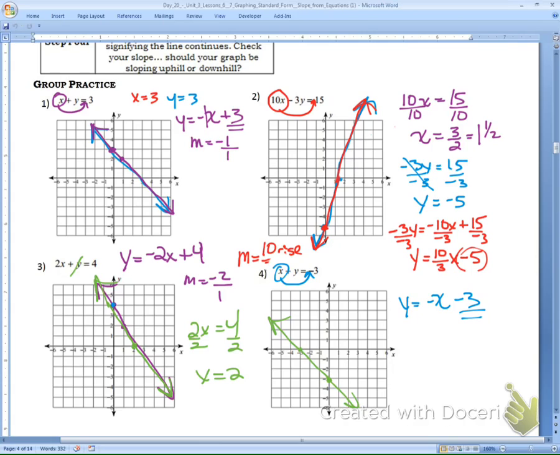Your y-intercept then is negative 3, that same spot down there. Your slope is equal to the coefficient of x, negative 1 over 1. That means we'd have to fall down 1 and run right 1, so that you should have a point then right here if you use that method. Connect your dots and you should have the same line.